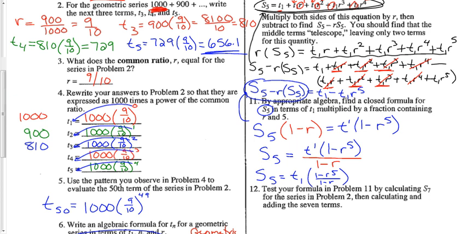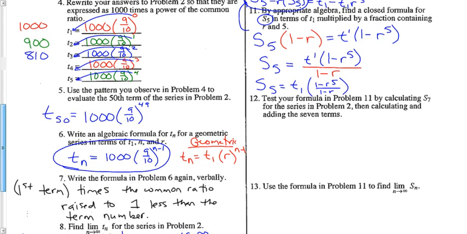So number 12 is saying, well, why don't you test it out in problem 11 by calculating s sub 7 for the series in problem 2, then do it by calculating term by term, adding them up. So we're going to go ahead and do that. Hopefully I have enough room to write. So first thing that I want to do is test my formula.